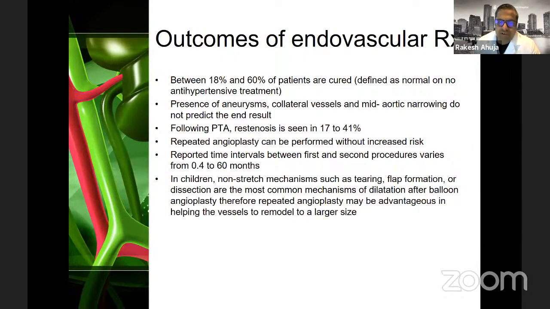The reported time interval between first and second procedures varies from 0.4 to 60 months, which is a wide variation, but it has helped in controlling morbidity and mortality in all that time. In children, tearing, flap formation, or dissection are the most common mechanisms of dilatation after balloon angioplasty. Therefore, it makes sense to do a repeat angioplasty to help vessels remodel to a larger size.